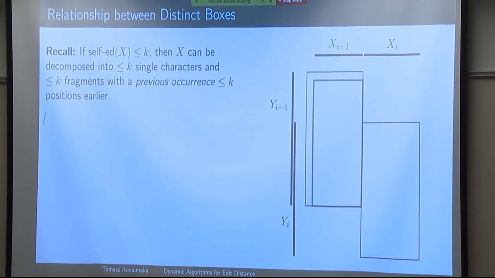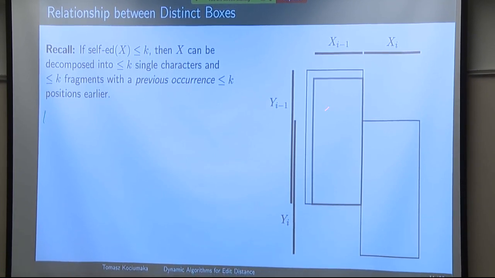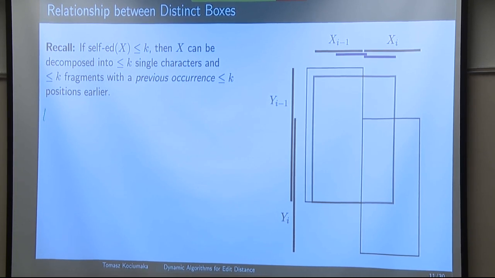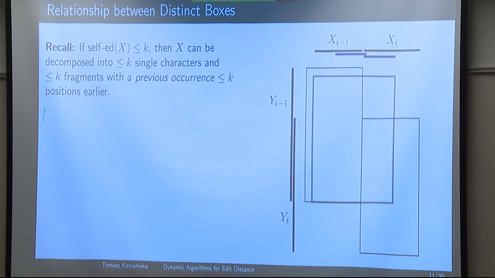So now if you want to transform this box to the next one, we can start expanding it based on the fragment of this decomposition corresponding to the piece xi. So this xi can be decomposed into fragments, each of which already occurs in either xi or xi minus 1. That's because xi minus 1 is long enough that this previous occurrence cannot be even before that, or some individual characters.